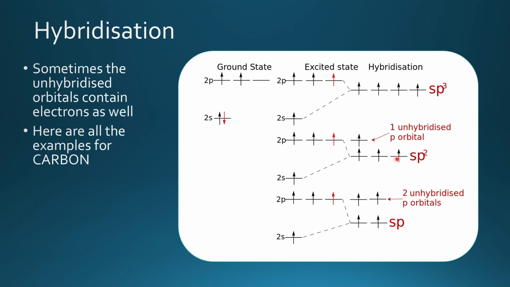So basically, the orbital that has not been used in hybridization is called an unhybridized orbital. And this p can be s or d or something else, depending on the case. Okay, so in this case we have 2p, so that means it's an unhybridized p orbital. The third case is only using sp, 1s and 1p, so we have two unhybridized p orbitals in this case.